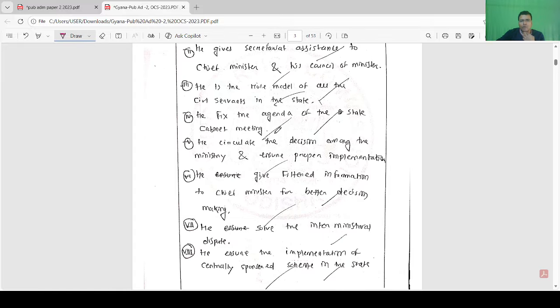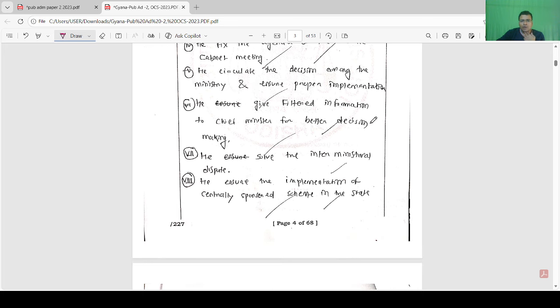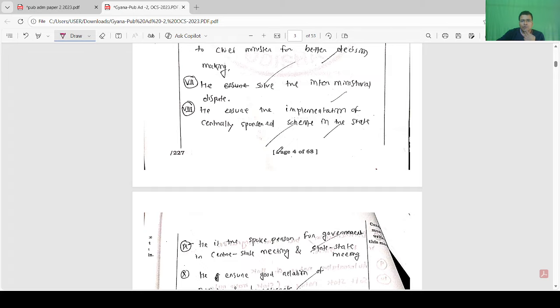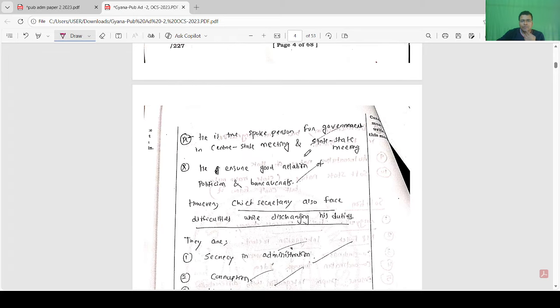He is a role model for all civil servants, fixes the agenda of state cabinet meetings, circulates decisions, gives filtered information to the CM, solves interministerial disputes, ensures the implementation of centrally sponsored schemes, represents the government in center-state meetings, ensures good relations between politicians and bureaucrats.